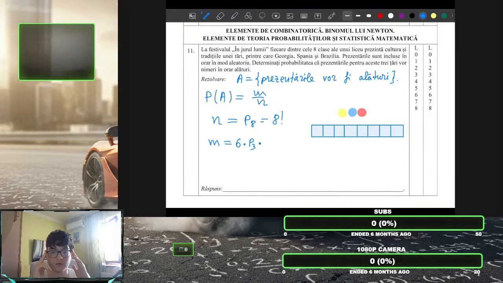And now we have to note down the other stuff. The rest of the 5 countries. What, 5 factorial? I don't think that works.